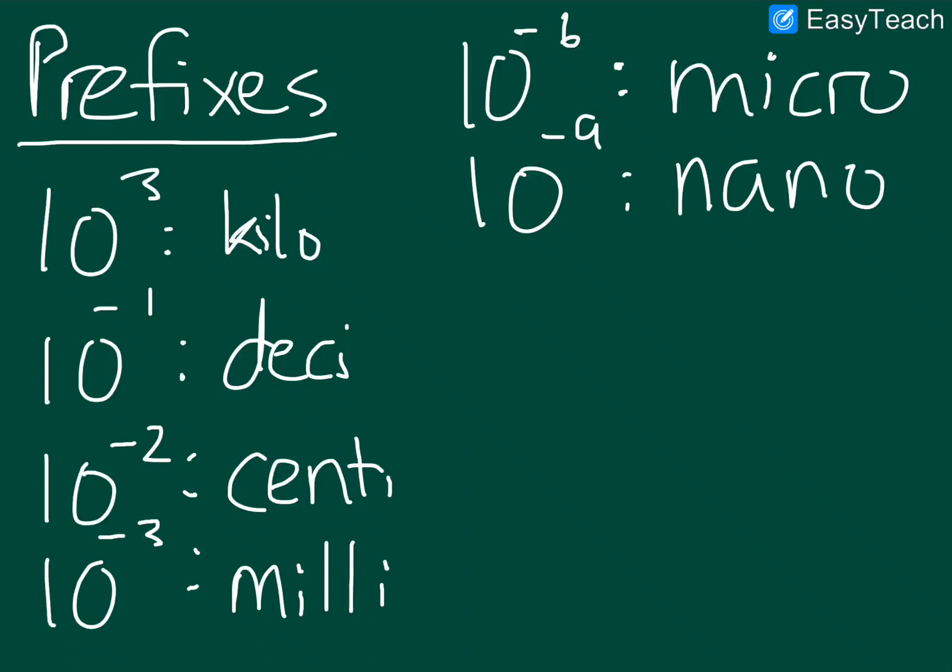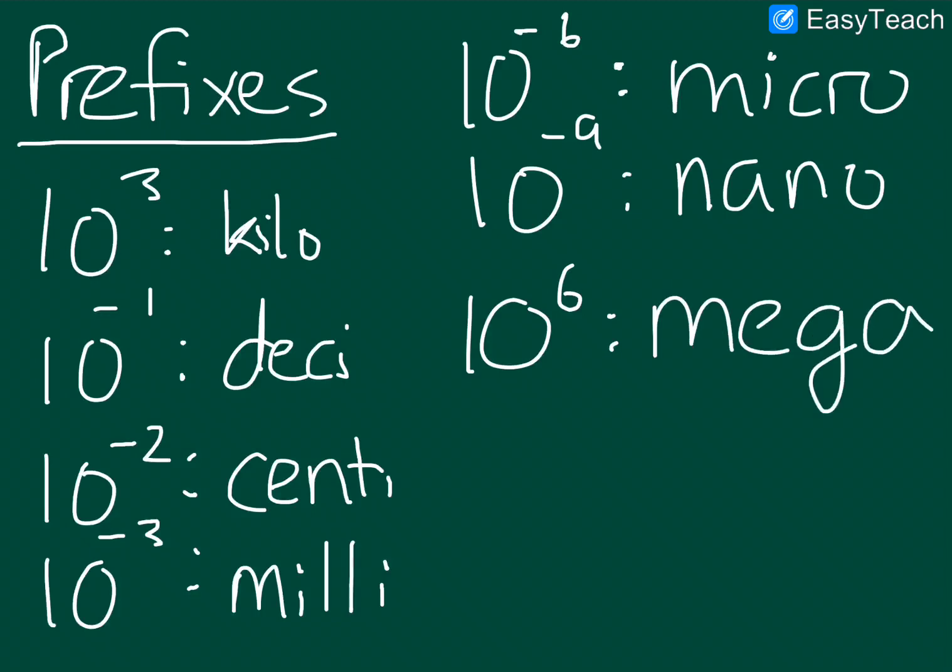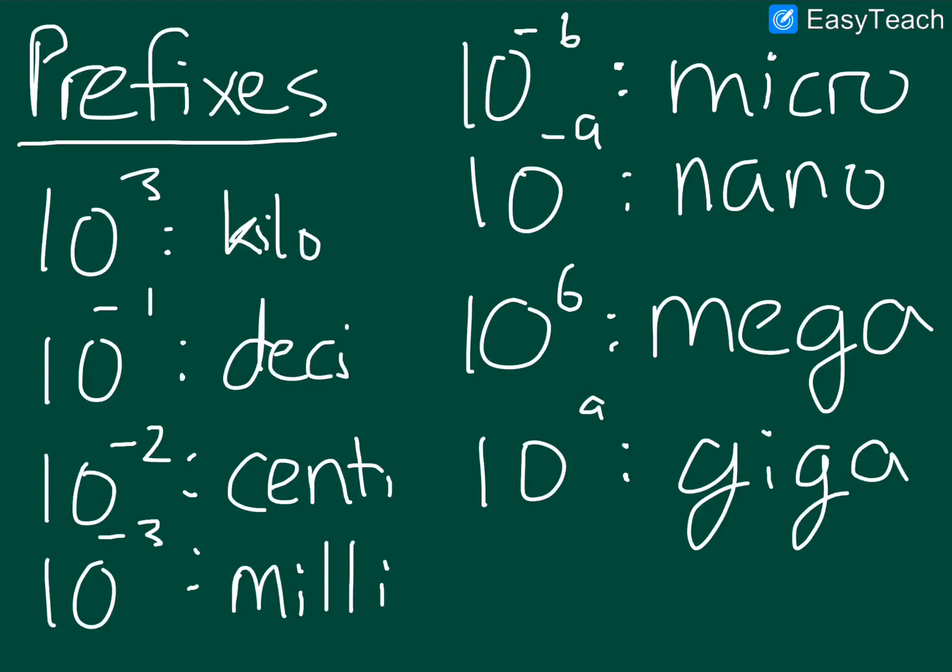Going to positive ones above kilo, 10 to the 6 is mega, and 10 to the 9 is giga. You might recognize mega and giga from your flash drive storage, megabytes, gigabytes. Those are all the prefixes, and those are powers of 10.